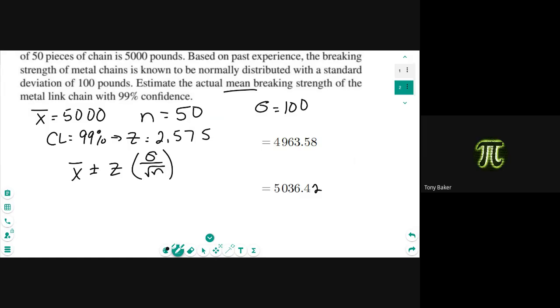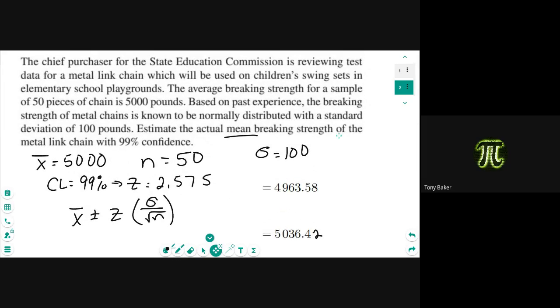So in this problem, I gave you a sample of 50 pieces of chain and we found the mean. But then it says, based on past history, I know the standard deviation is 100 pounds. If I know my standard deviation is 100 pounds, to find the standard deviation I need to know the mean, right?